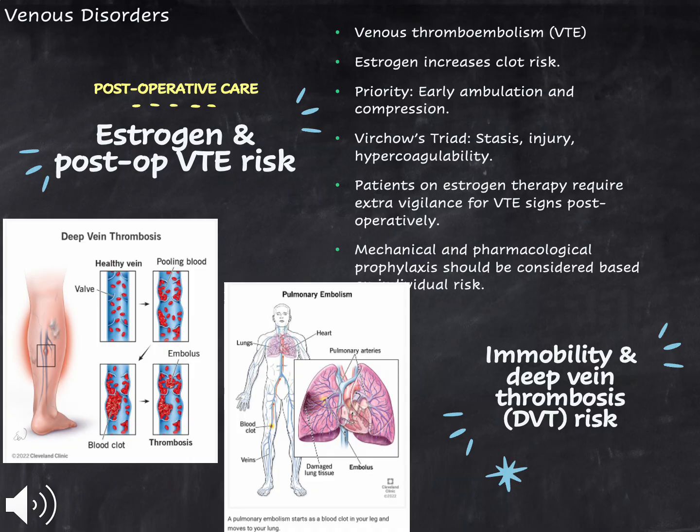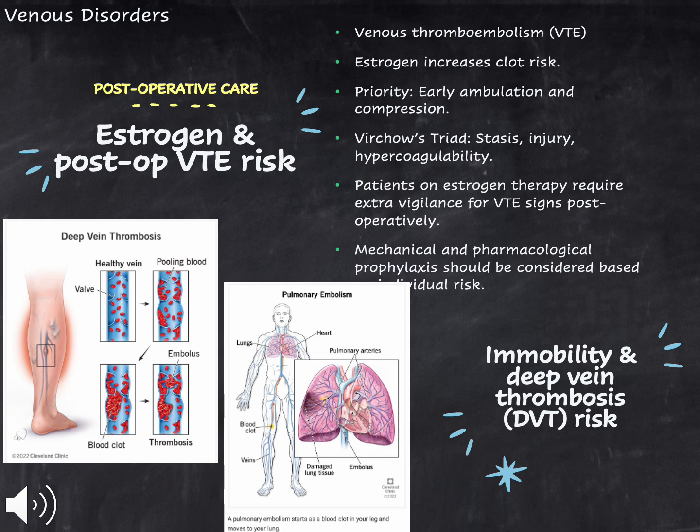After surgery, when patients are immobile, venous blood flow slows dramatically. That's venous stasis. Add in vessel injury from the operation itself, and we've completed Virchow's triad: stasis, vessel injury, and hypercoagulability. This triad is the perfect setup for clot formation.